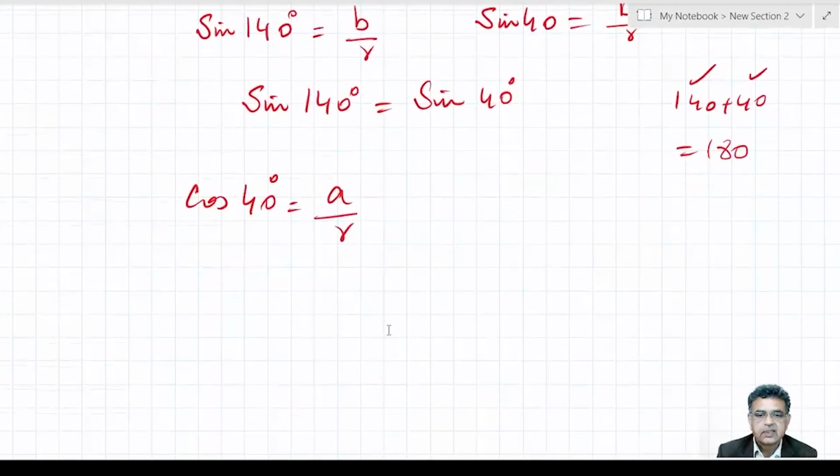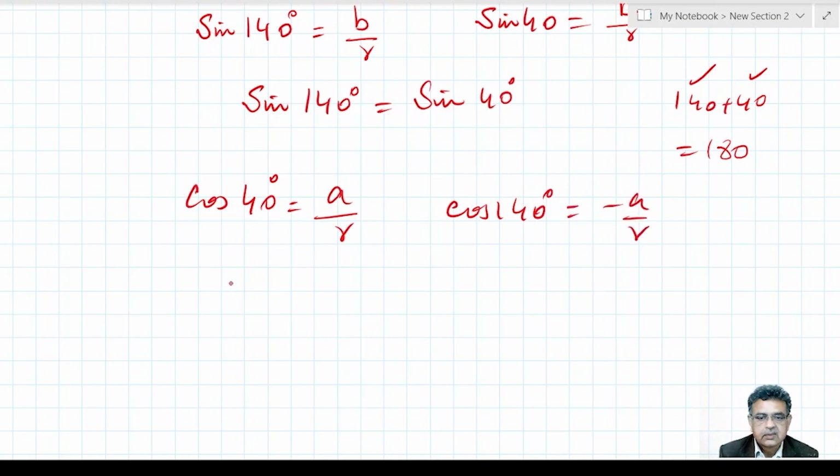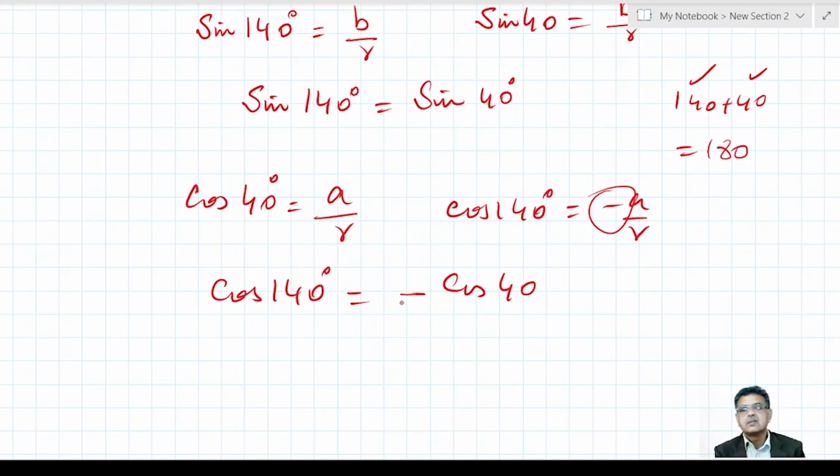So cos 140 degrees is equal to minus A over R. So you can say that cos 140 degrees is equal to cos 40, but there is a difference of sign. So cos 140 degrees equals minus cos 40 degrees.